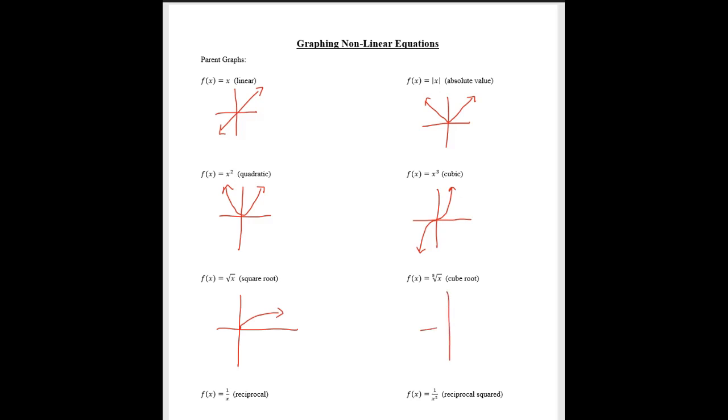A cube root, similar to the cubic function, will have that half parabola going up and then a half parabola coming back. So see the resemblance? We have a quadratic as a U, and then the cubic goes up and then down. Square root has half of the U, and then the cube root has that half and then going down.